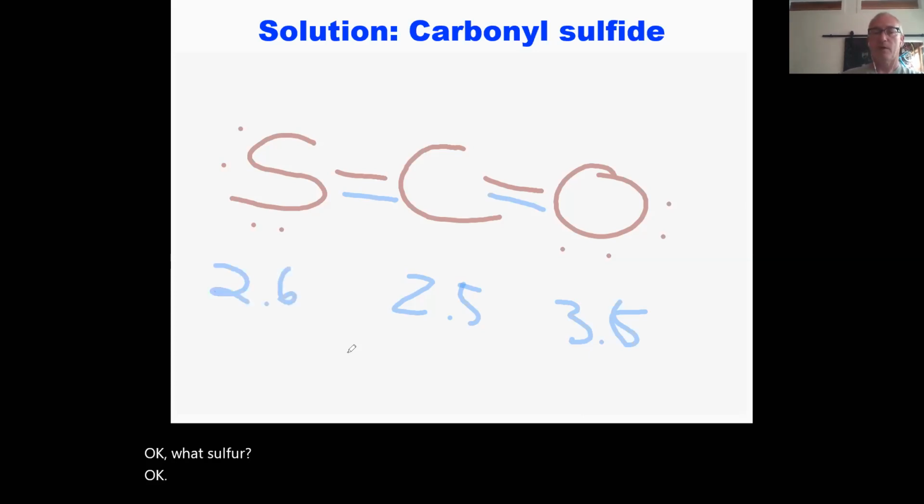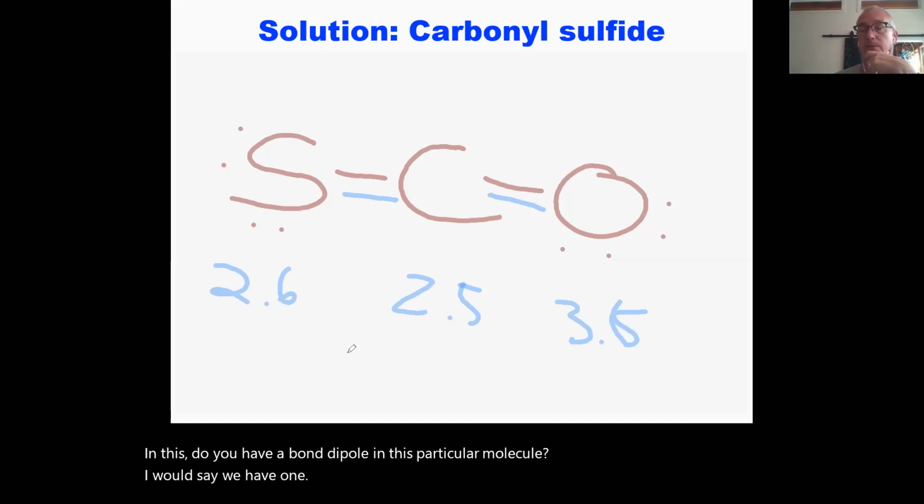So we've got, do we have a polar bond here? Do we have a dipole in this? Do we have a bond dipole in this particular molecule? No. Okay. I would say we have one. Yes, the carbon and oxygen. That's right.